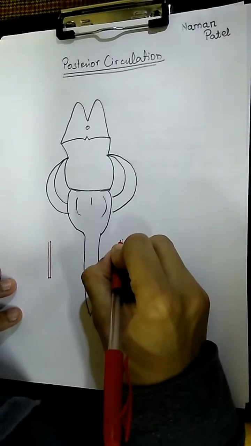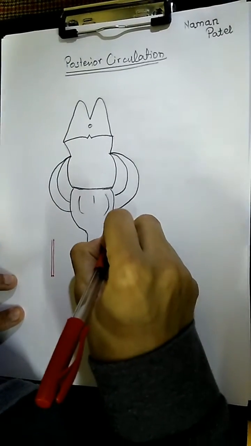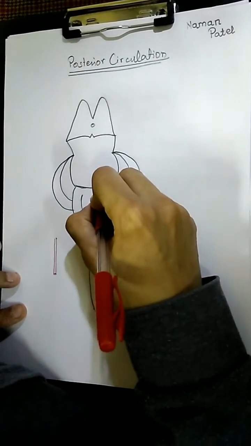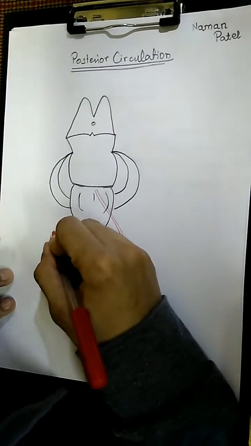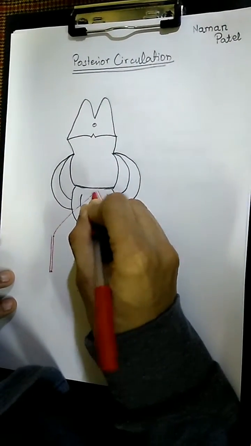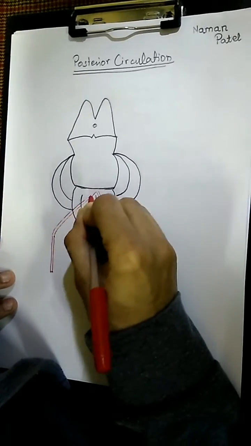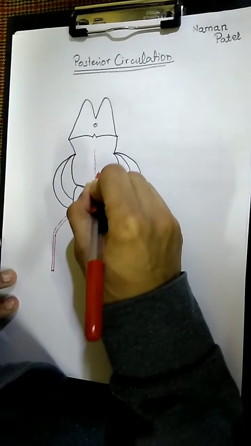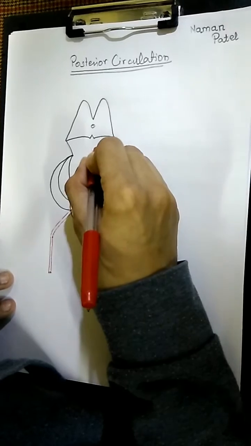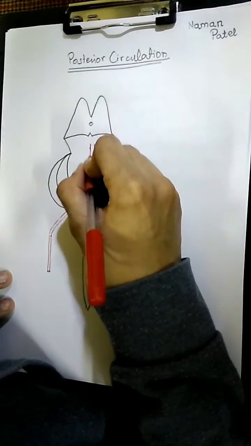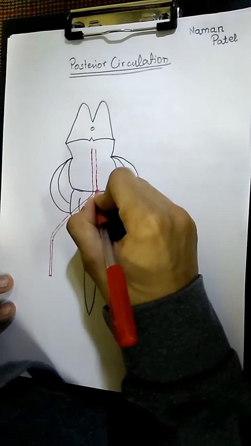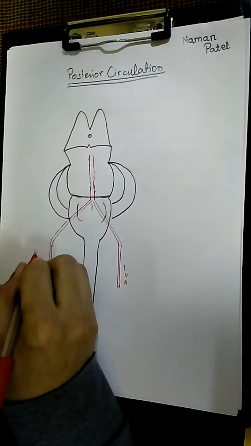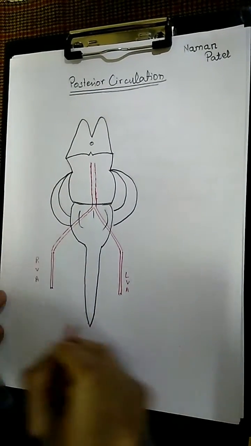They enter here, and these two vertebral arteries adjoin each other and make one basilar artery. It is a very major artery because it originates very many arteries, and we will discuss it later.